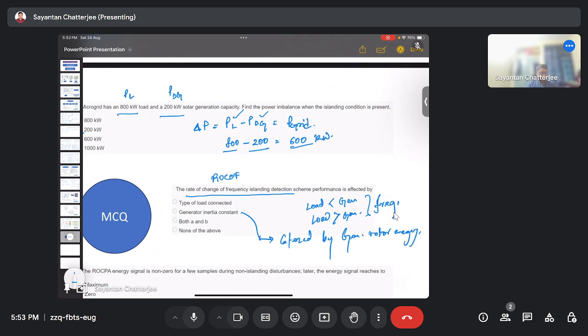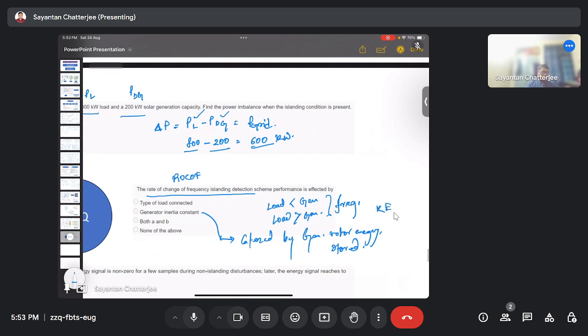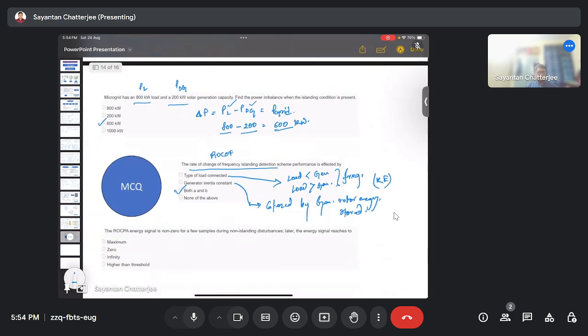That stored energy acts as kinetic energy of the generator rotor, which acts as the inertia, based upon the generator inertia constant, and that also affects the rate of change of frequency. So the answer would be both A and B.